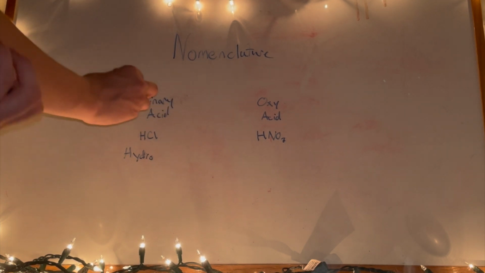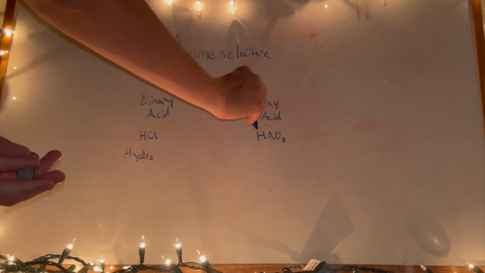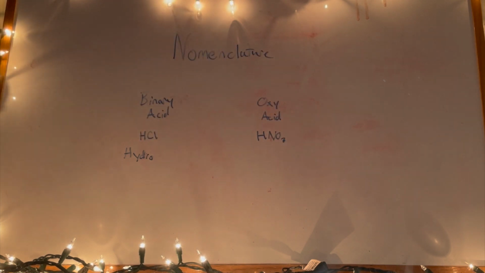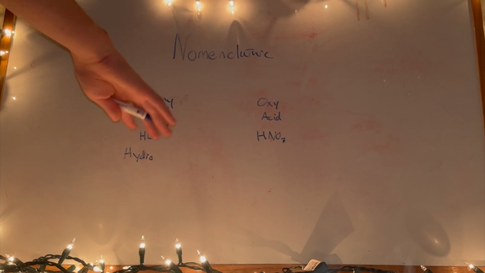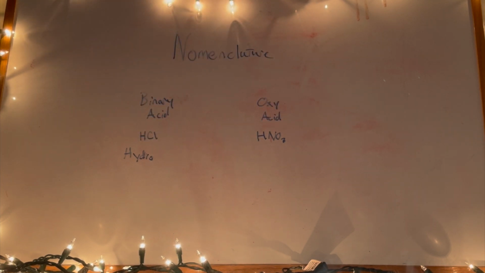So for example, this is hydrochloric acid, and this is nitric acid. Remember, when we're naming these acids, we always want to have the suffix of acid at the end, just to understand that they are in fact acids.